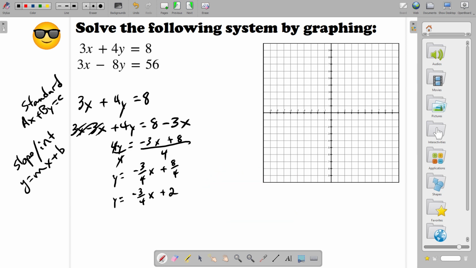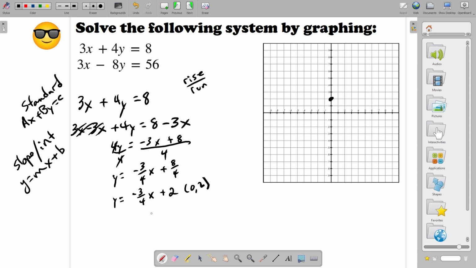So to graph this, we graph the point. The y-intercept is the point 0, 2. You put 0 in for x. And so our y-intercept is this point right here. Our slope is negative 3/4. Remember, slope is rise over run.